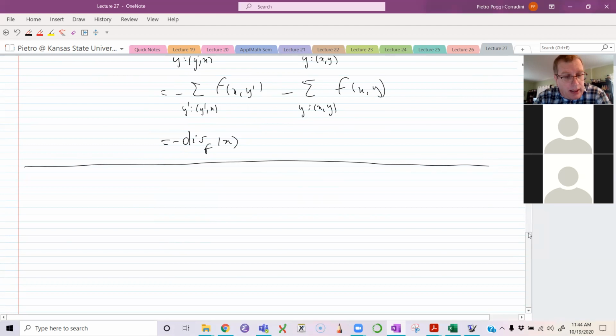And how does the Laplacian come into this? Well, the idea, so let me just remind you a little bit.